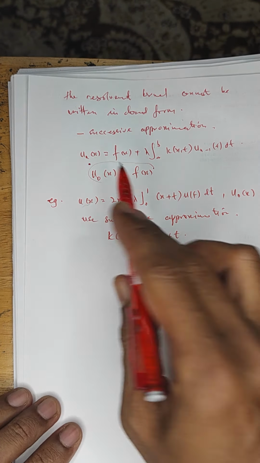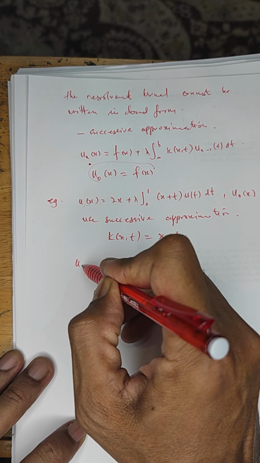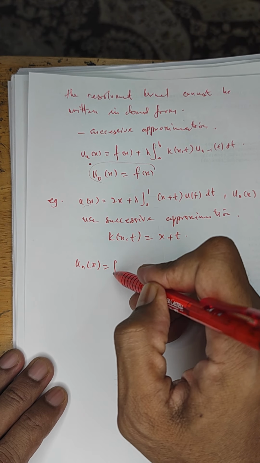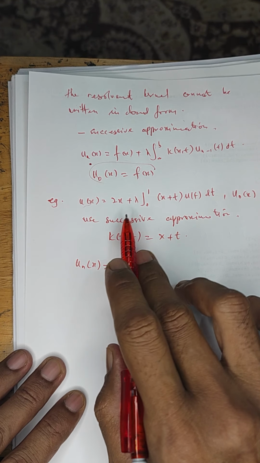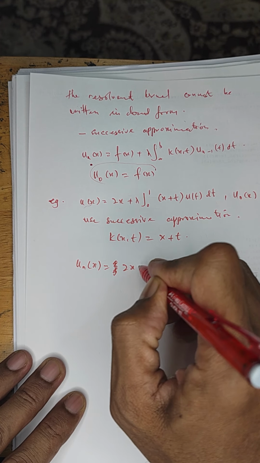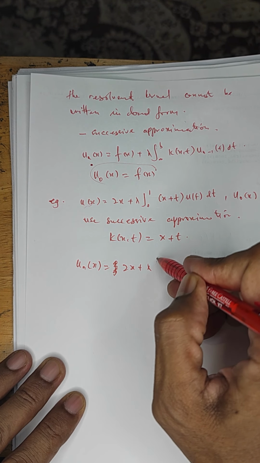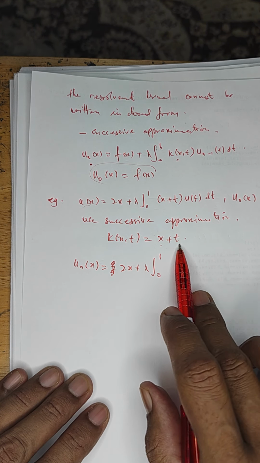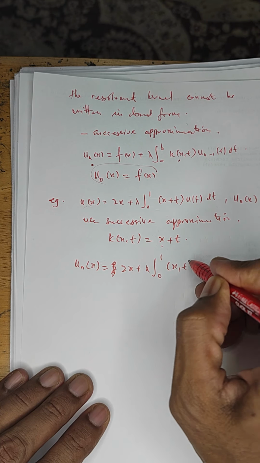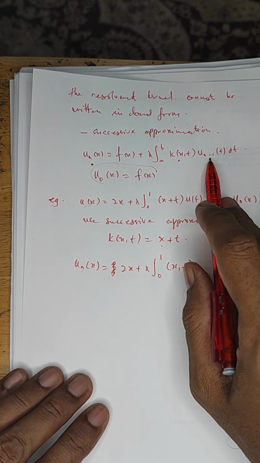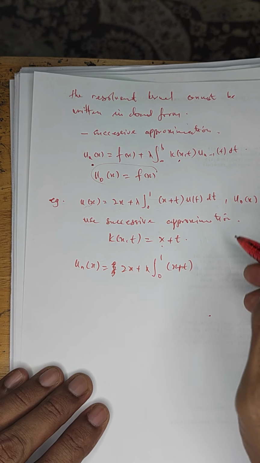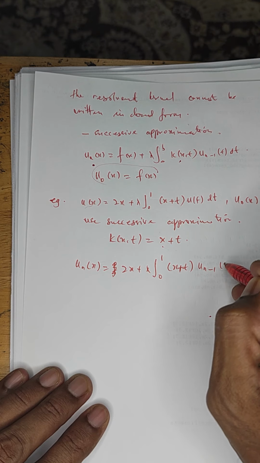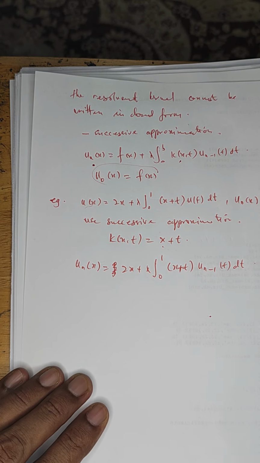So therefore we can find u_n(x). Our f(x) is 2x here, 2x plus lambda 0 to 1, our K(x,t) is x plus t, and u_(n-1)(t) dt.